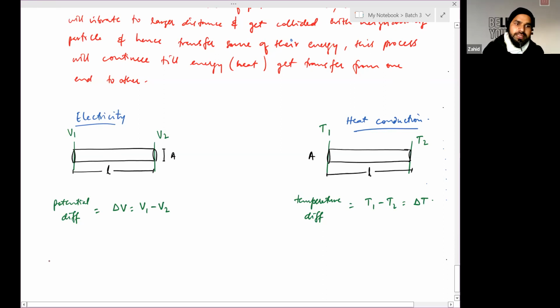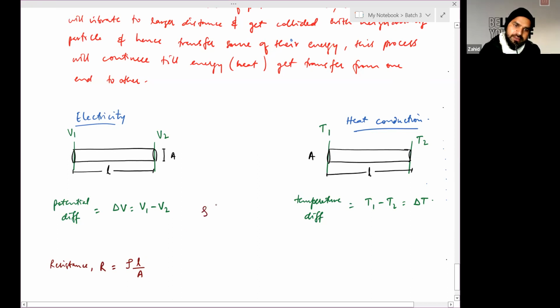So we may define electrical resistance, or simply resistance, R equals rho L divided by A. You must have learned this formula in class 10th, where rho is called resistivity, L is length of conductor, and A is area of cross section.